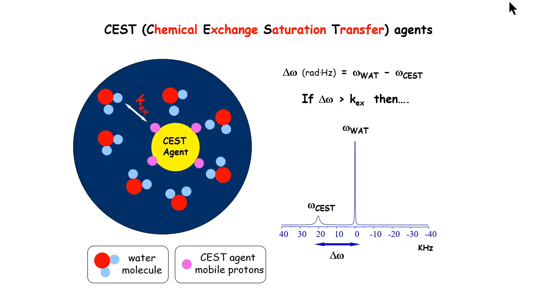A CEST agent is a chemical system that contains exchangeable protons, or coordinated water molecules in the case of metal complexes, that can exchange with the bulk water. Okay? So the exchange has to be in the slow intermediate regime, for which a high resolution spectrum of such a system should result in distinct resonances for the exchangeable pool of protons and the bulk of water.